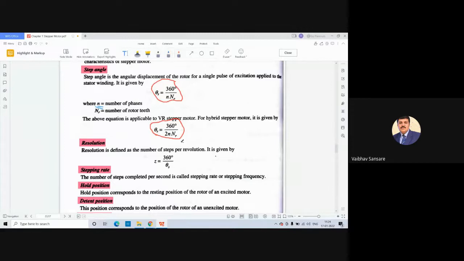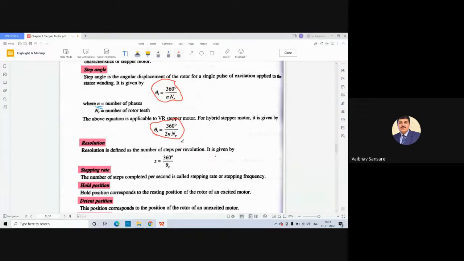When we divide 360 degree by the step angle, that number is the resolution for a given stepper motor. So the number of steps per revolution is generally termed as the resolution of the stepper motor.